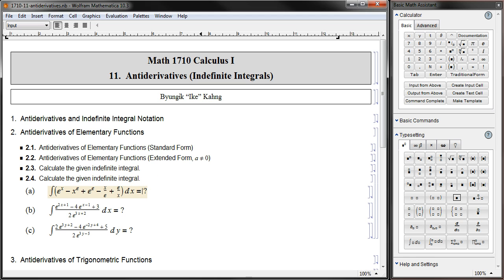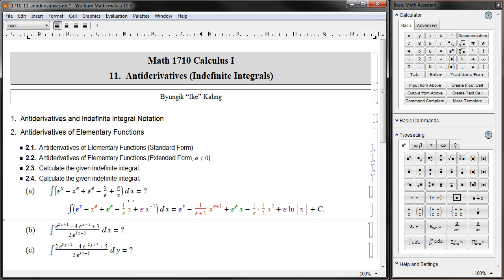Let's begin with this antiderivative computation partly as a warming up. I want you to save some time, so I brought the final answer like this.